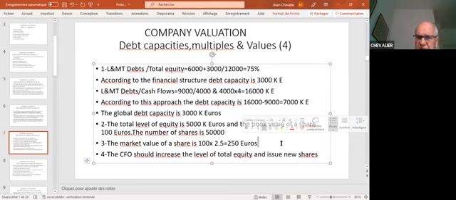Of course, the market to book value ratio is also either coming from past history, like the data of a company, or it is coming from benchmarks, from comparables.